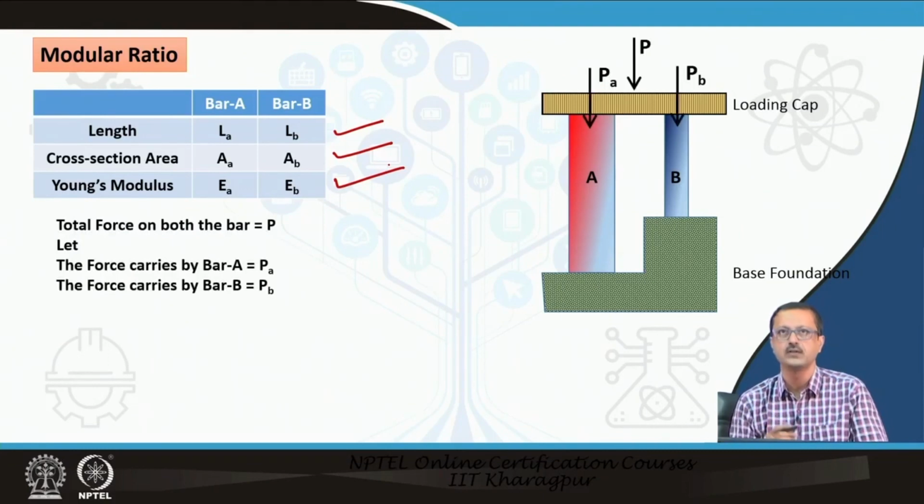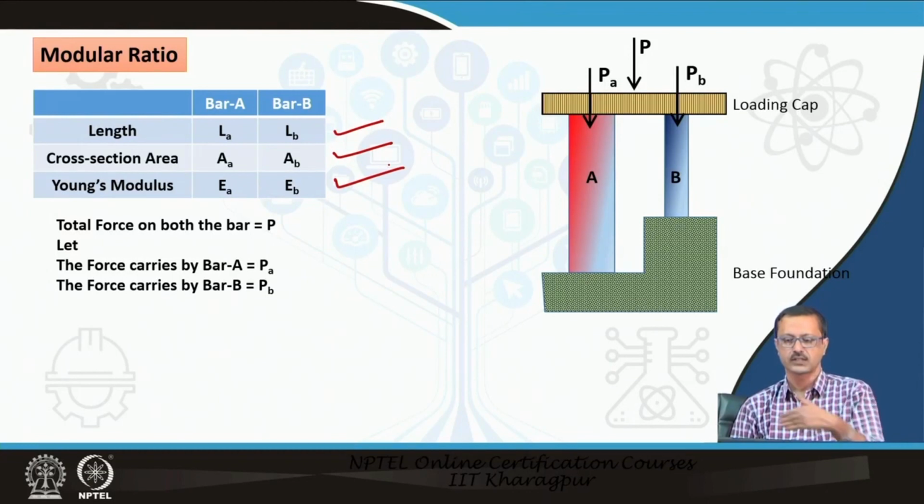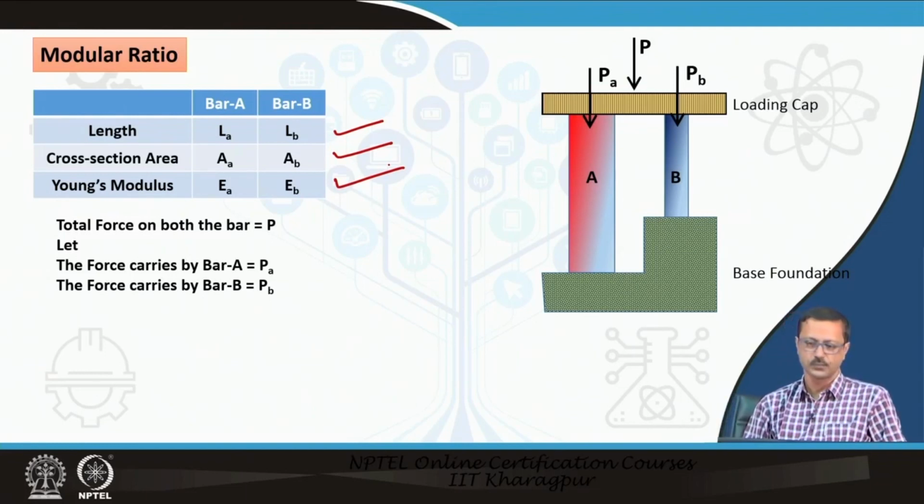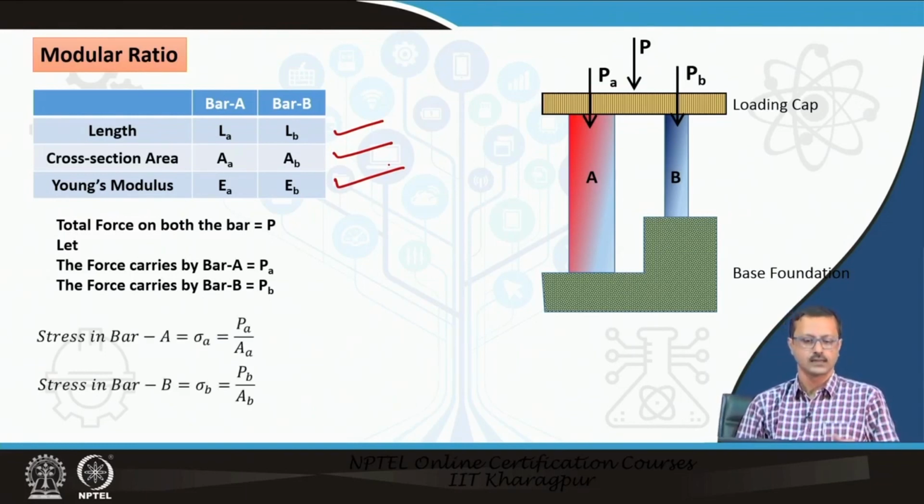If I put a P load on the loading cap, the share of bar A is P A, and the share of load on bar B is P B. Then the stresses we can find as P A by A A and P B by A B, the stress at A and stress at B.